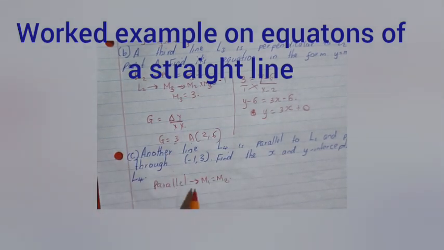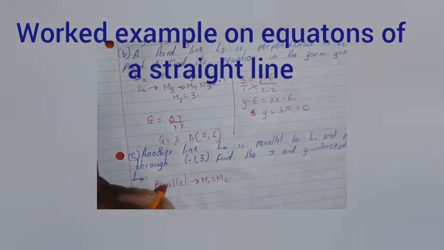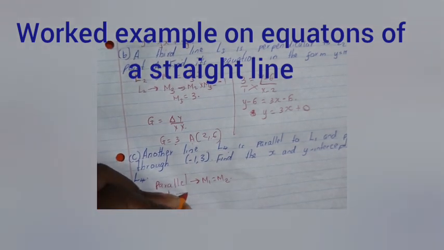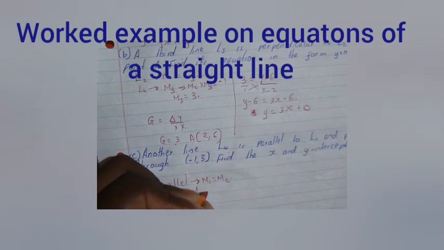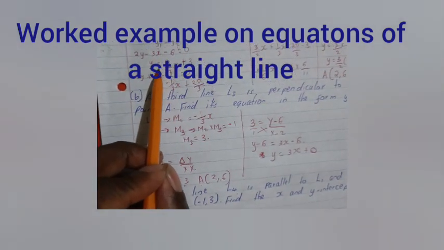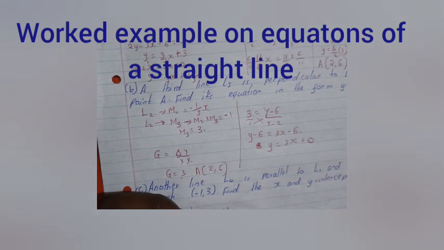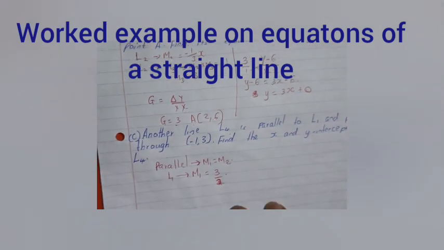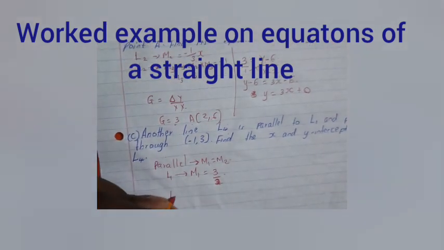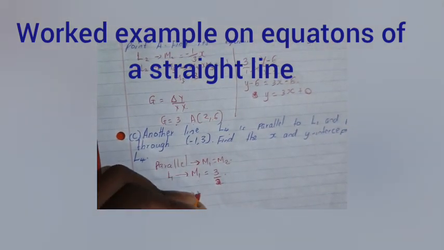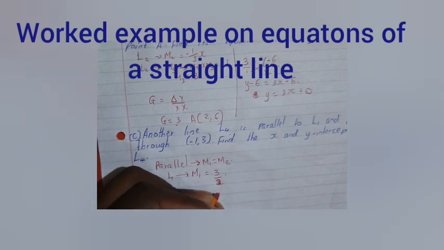The gradient of line 1, M1, we get from the equation y is equal to 3 over 2 x plus 3. That means the gradient is 3 over 2. And with that, L4 has a gradient M4, which is equal to 3 over 2.